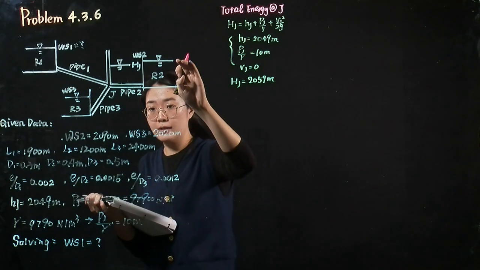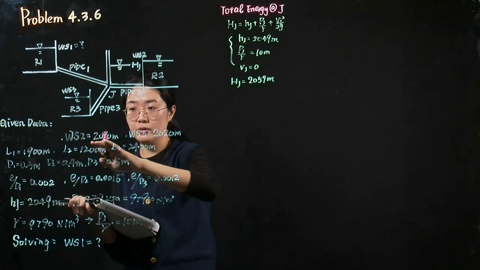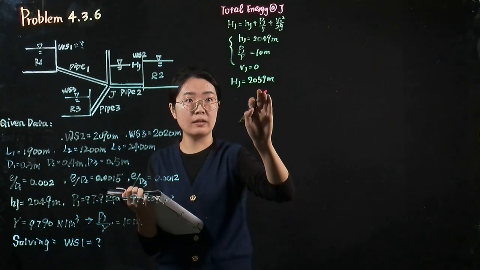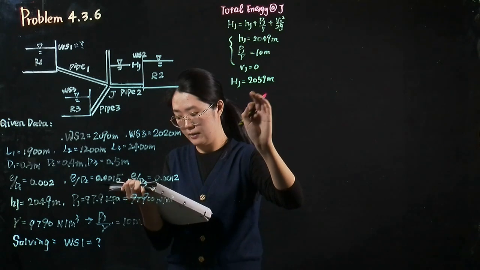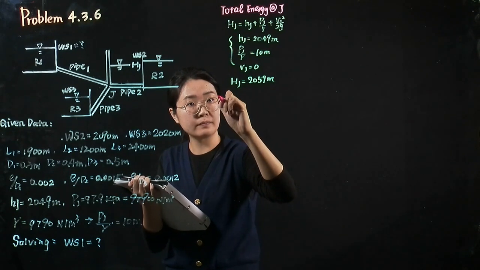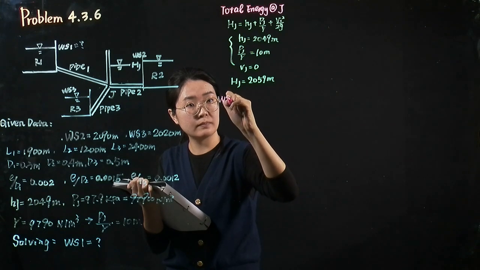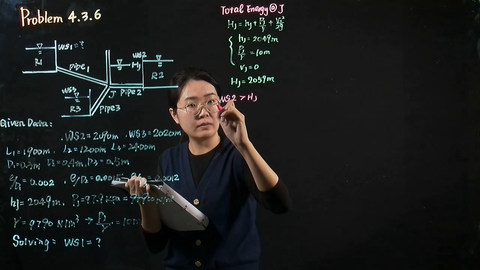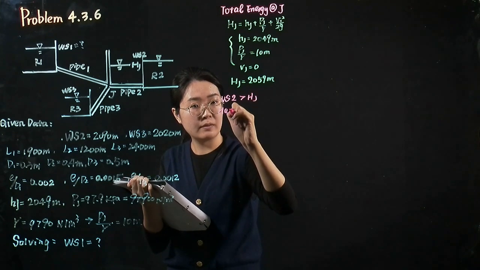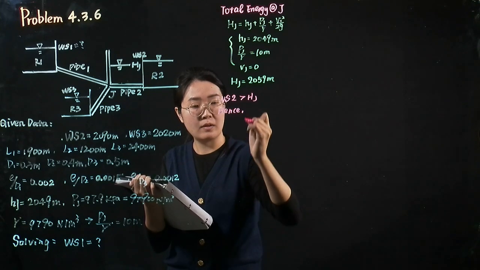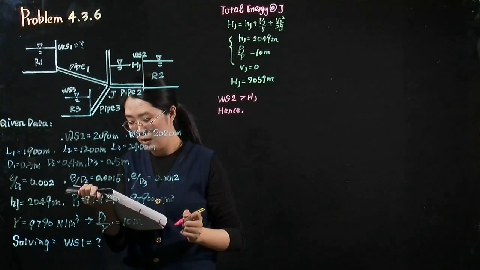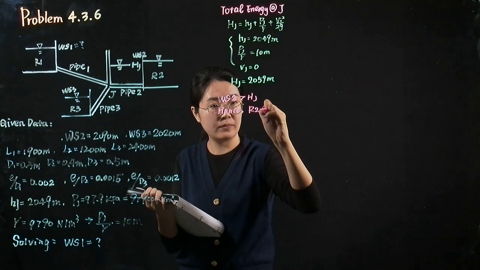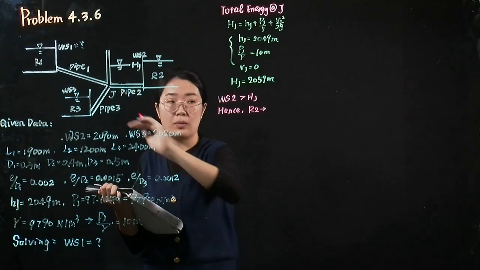Because the elevation of the water surface in reservoir 2 is 2090, it is larger than the total energy at point J. Hence, the flow moves from the reservoir 2 to the joint point.